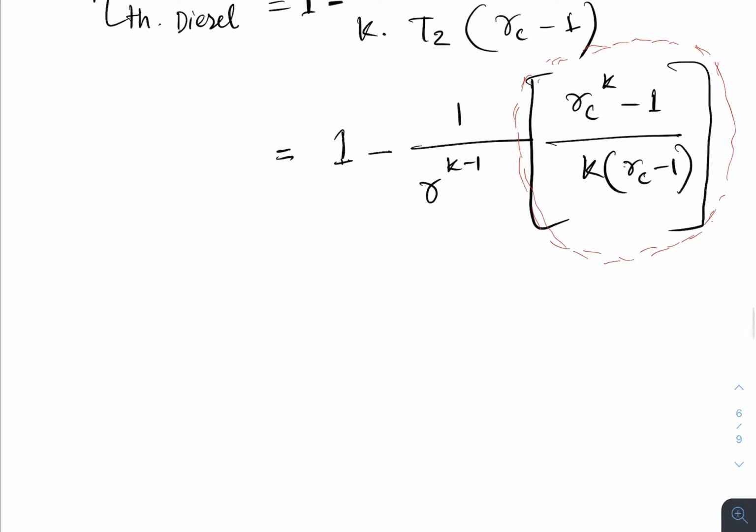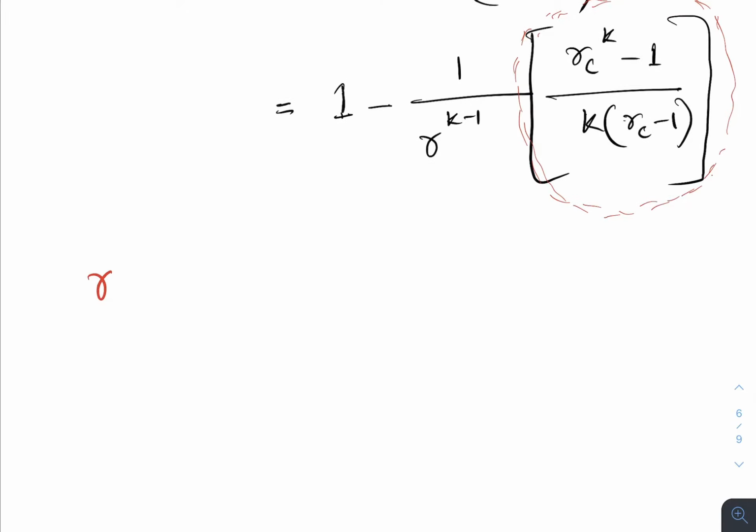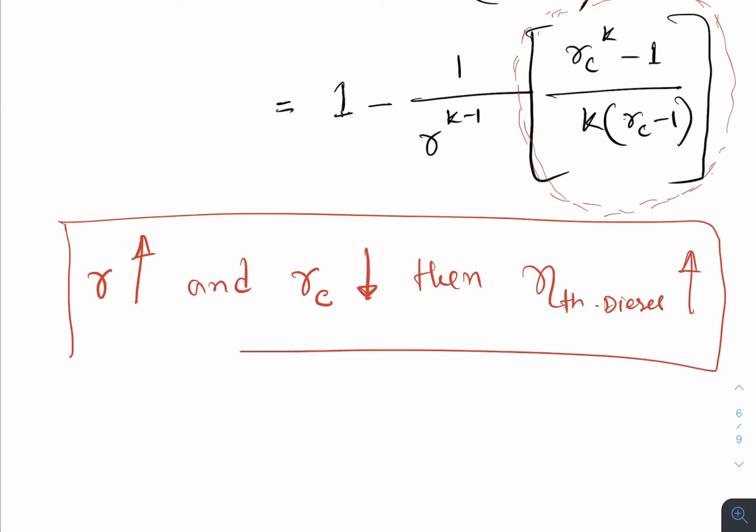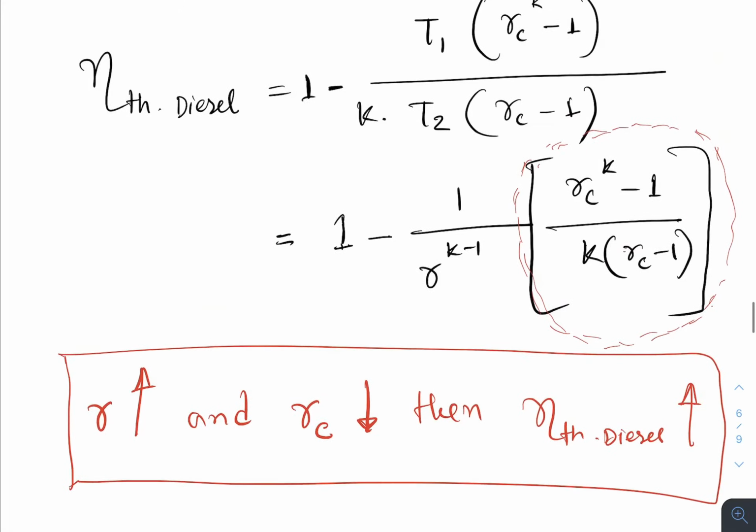We can also write it this way: if the compression ratio goes up and the cutoff ratio goes down, then the efficiency of the diesel engine goes up.